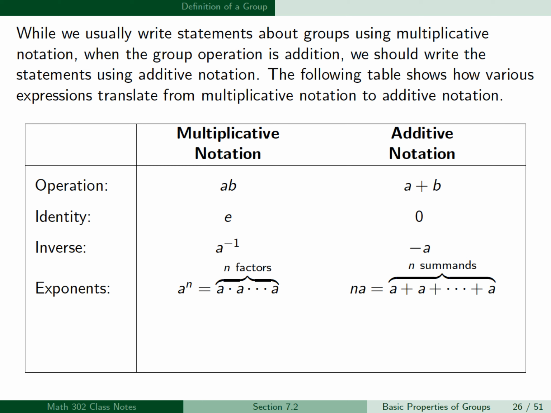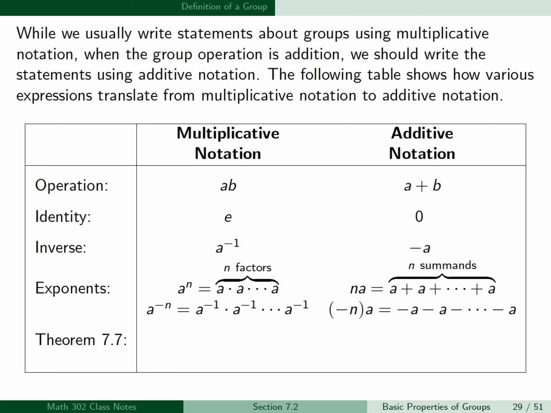And so this is a multiple of a. And for negative exponents, we have a^(-n) is a^(-1), or a inverse, multiplied times itself n times. And -n times a will be -a added to itself n times.